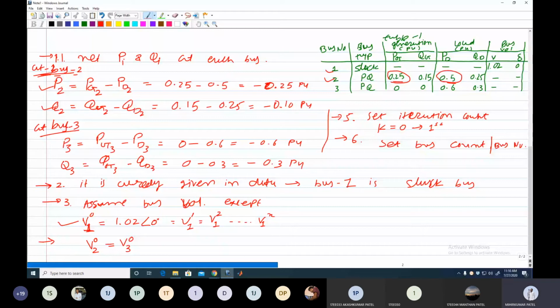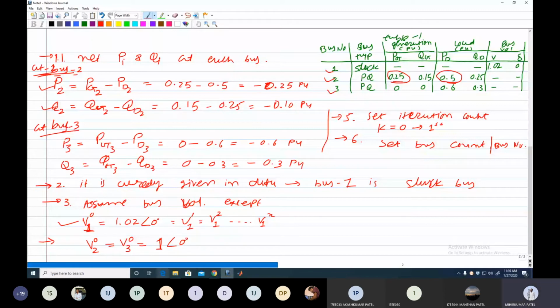So we have assumed that the voltages at bus number 2 and 3 are 1 angle 0. We can assume any value between 0 to 1, but here we have assumed 1 angle 0. Clear?